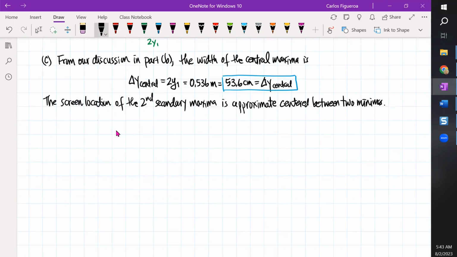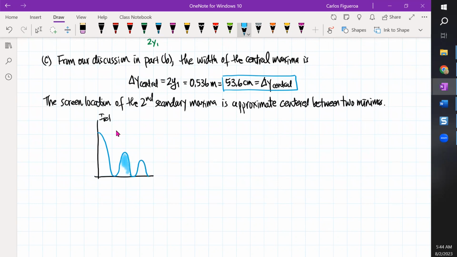So if I now look at my pattern, it's going to look something like this. My relative intensity is going to have my central max, then here's my first, and then here's my second.